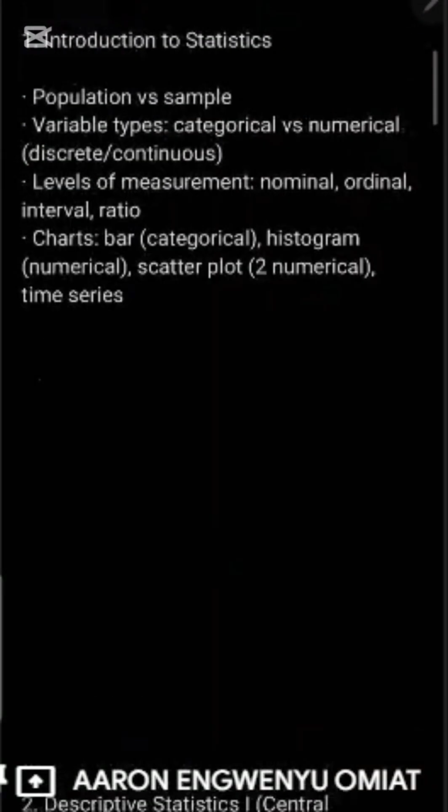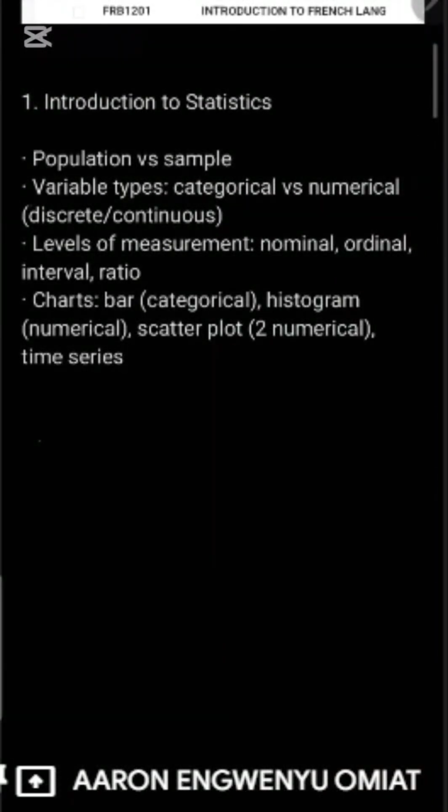Before we leave the first part of the introduction to statistics, we need to look at charts. Charts are illustrations that we use to represent data. For example, a bar chart or pie chart. A bar chart, you have something like this, with bars.